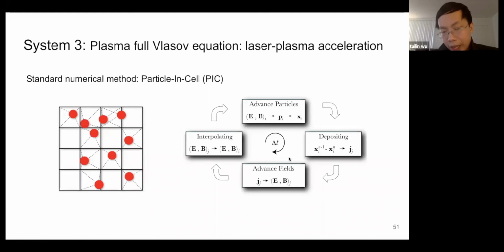And then we can update the state of the particles by the nearby field. We don't do the particle-particle interaction because this will be O(n) square complexity. And we can simply use this field update to make sure that the update is local.